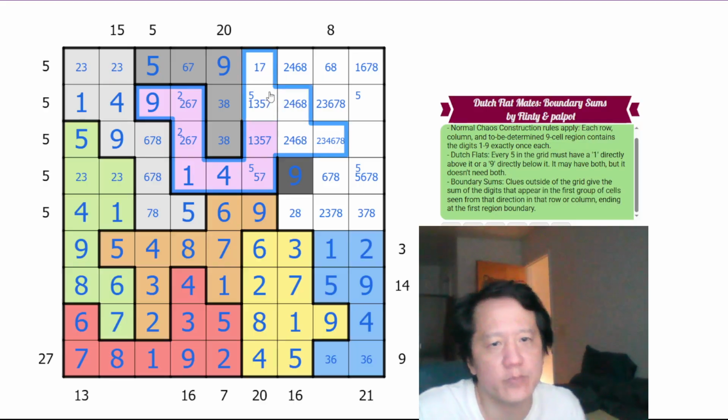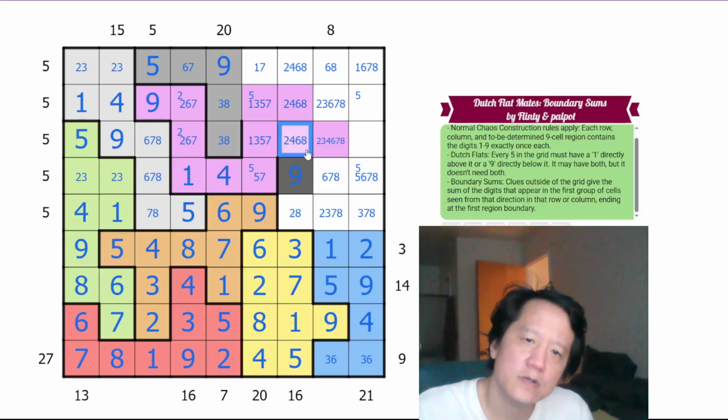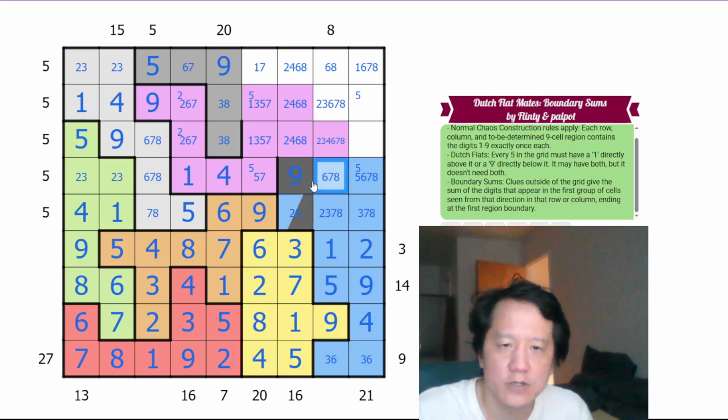Can't go there because that would close off the medium gray cells. Blue can get up to here. So this is blue or dark. Dark could go to any of these.